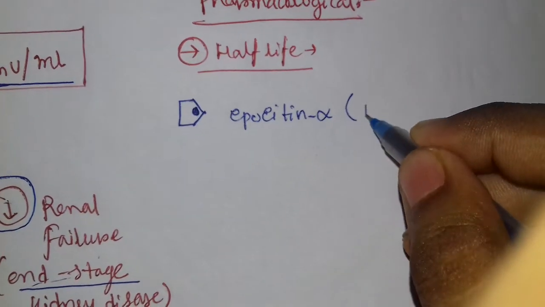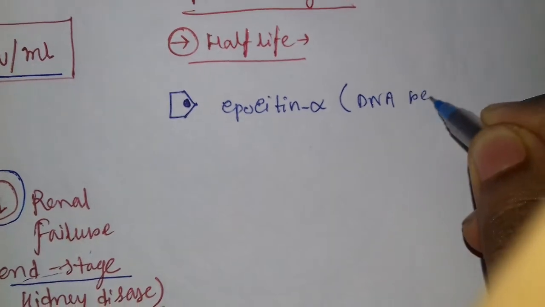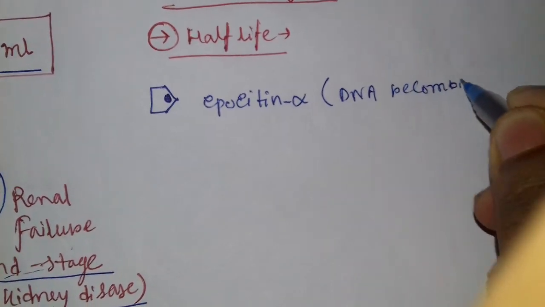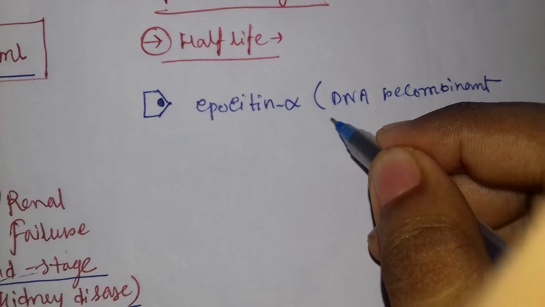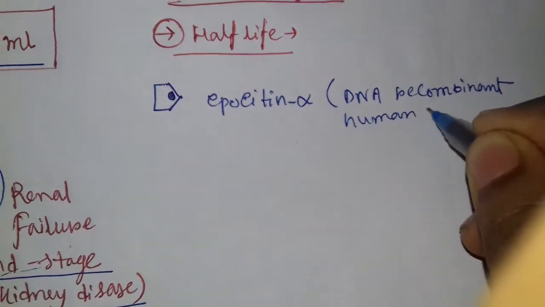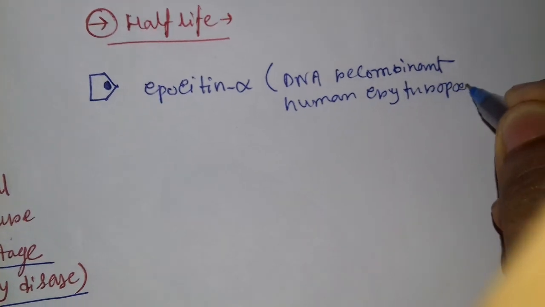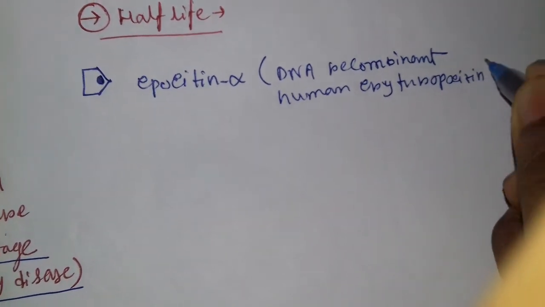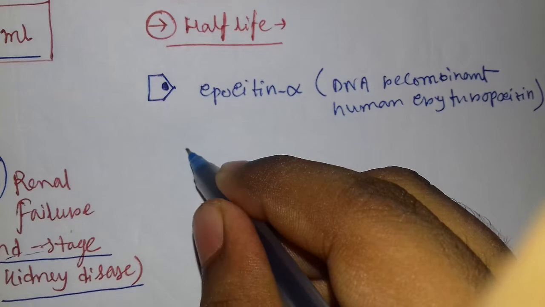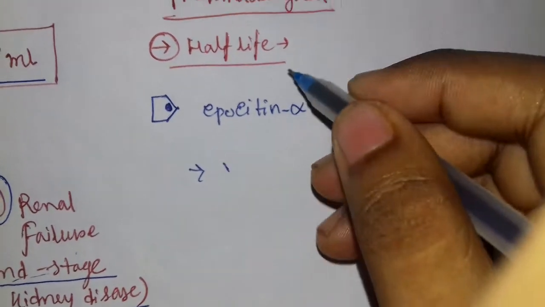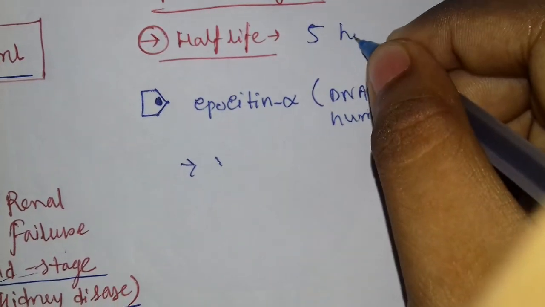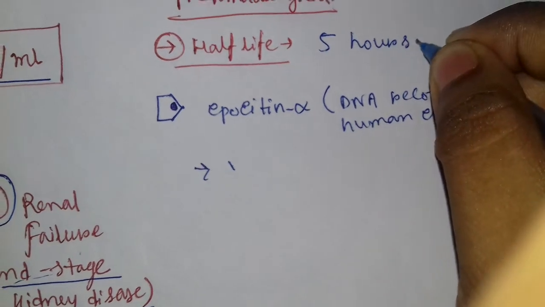This is a DNA recombinant human erythropoietin. It has a half-life of around 5 hours in the body.